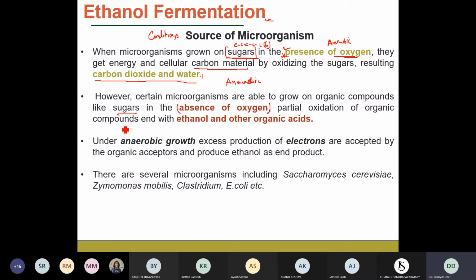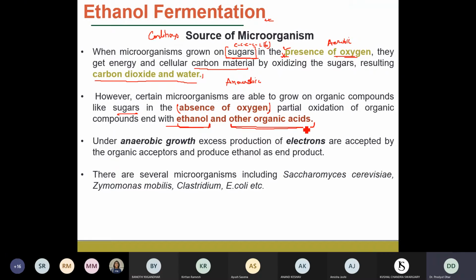In the case of ethanol fermentation or ethanol production, what is happening? The glucose, or any other type of sugar, is partially oxidized into organic compounds and ends up in the formation of ethanol. Along with the ethanol, there is some production of other organic acids, so we will look into that.